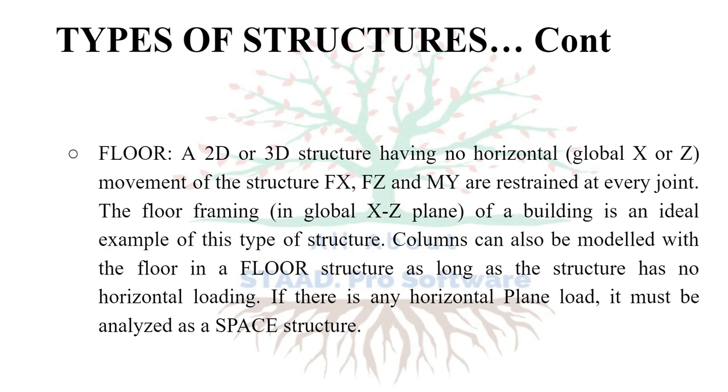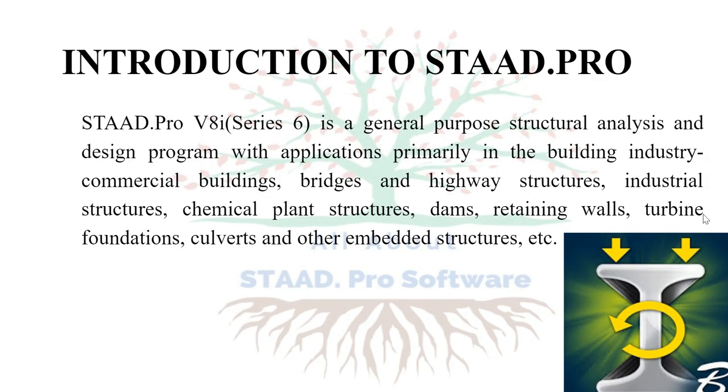If there is any horizontal plane load, it must be analyzed as a space structure. So in most cases we are modeling, analyzing and designing in the space model. And these 4 types should be kept in mind while doing analysis or design works in Staad Pro software.